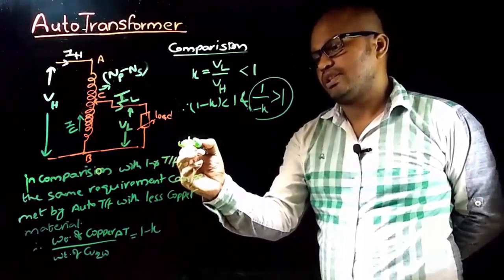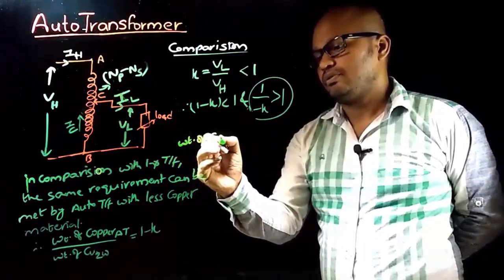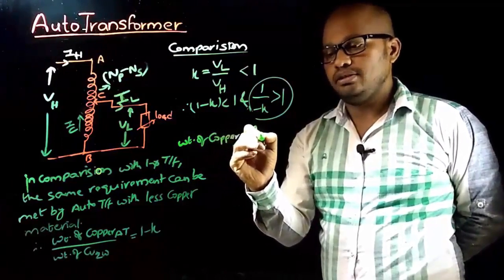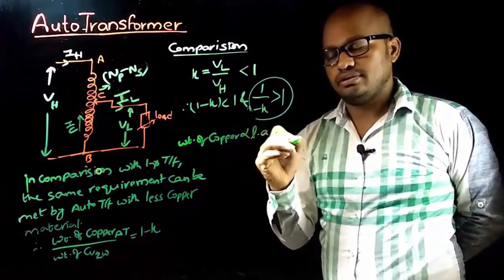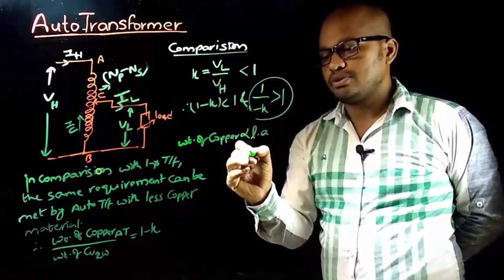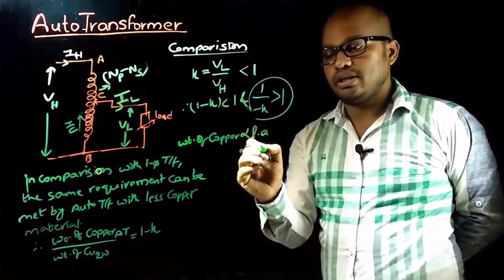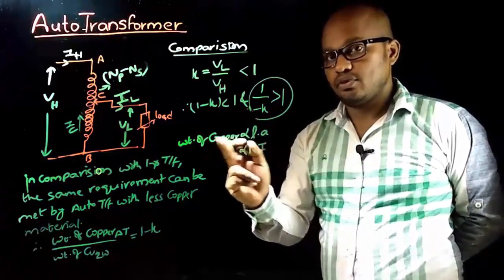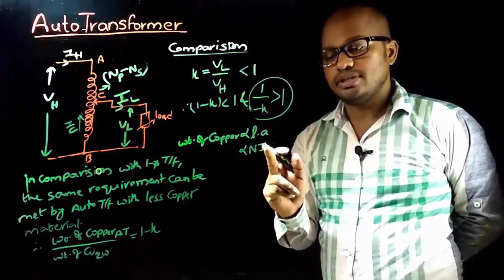It is known that weight of copper is directly proportional to length and area of cross section, and length is directly proportional to number of turns and area of cross section is proportional to current. So weight of copper is directly proportional to number of turns and current.